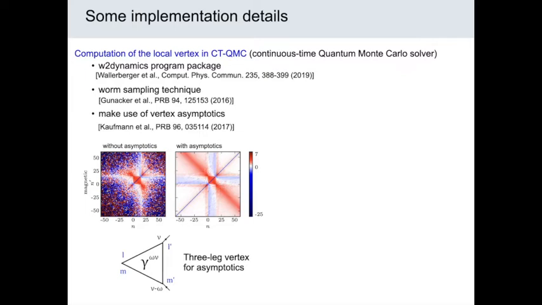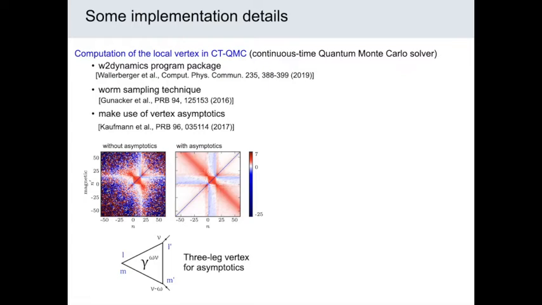The left figure shows the vertex computed in CTQMC without vertex asymptotics. You can see that for high frequencies, in the corners, there is a lot of numeric noise, while on the right side, it's with the vertex asymptotics that Josef Kaufmann implemented. So basically with this vertex asymptotics, you can suppress all this noise.